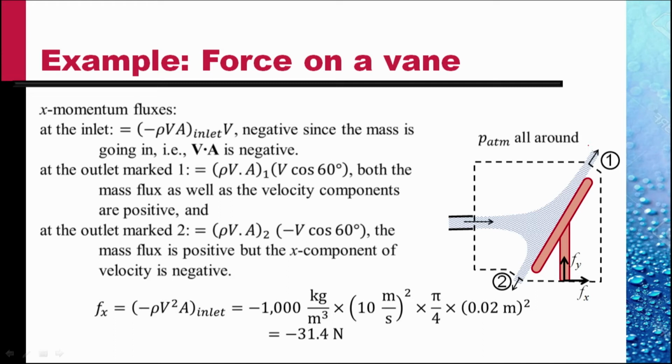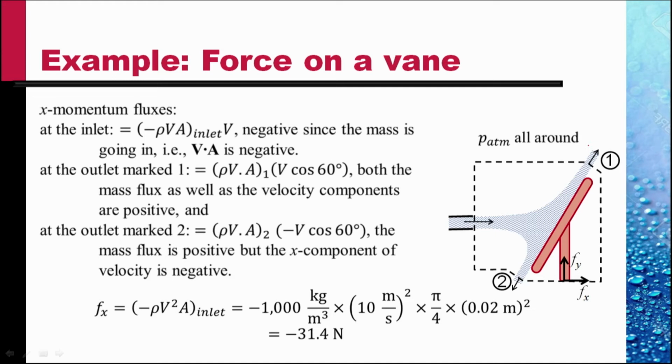You see, the efflux at 1 and efflux at 2 cancel one another out if the jet divides equally. So the mass flux at 1 and 2 are the same. The velocities are equal but opposite. So the efflux at 1 cancels out the efflux at 2.